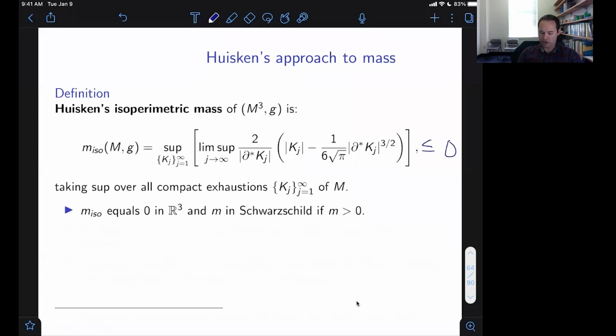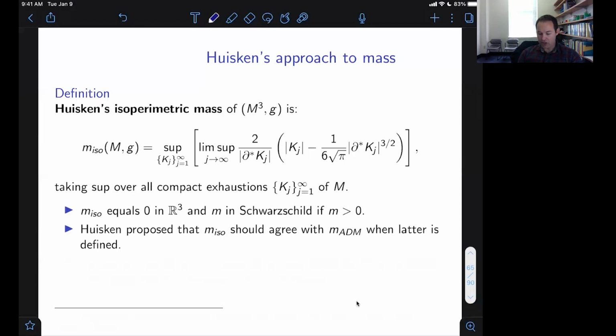If you use an exhaustion by balls, if you choose larger and larger balls, then you get an inequality the other way. With a little more work, you can show it gives the correct value in the Schwarzschild metric, which is really the gold standard.